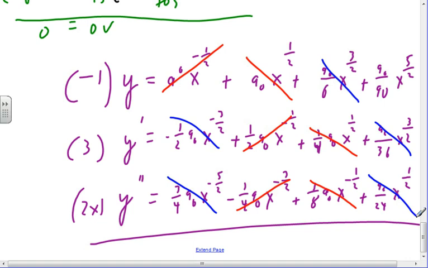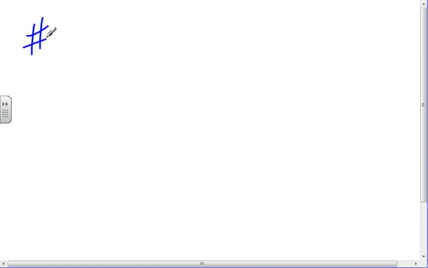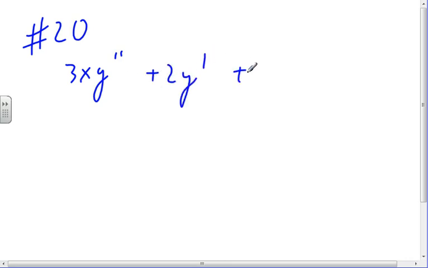Okay, so we'll do number 20 next. We'll do number 20 last, because as long as these problems go, that's about as long as we're going to get, right? So I got 3x y double prime, 2y prime, 2y. I have to check singular points.